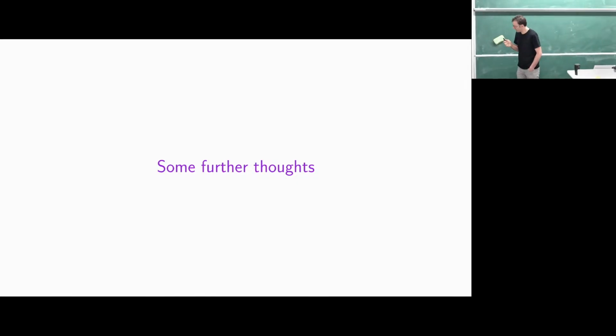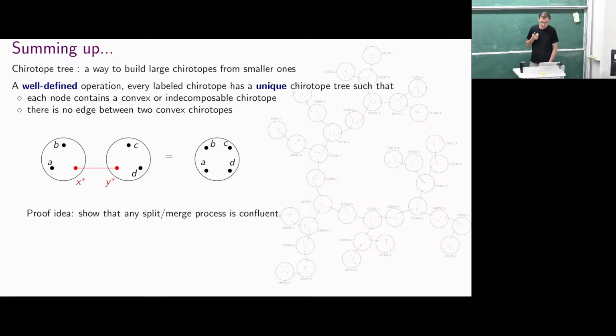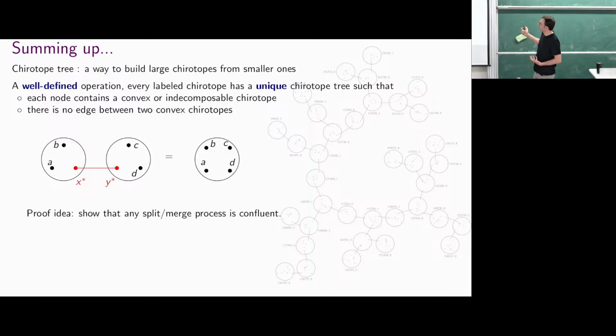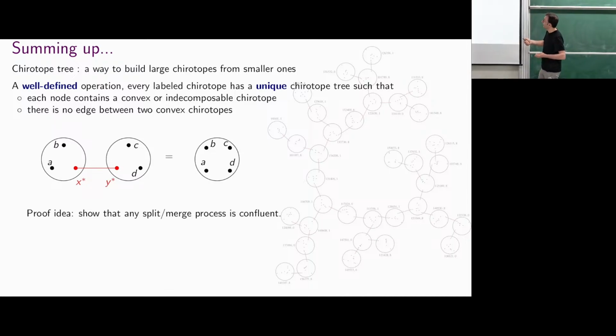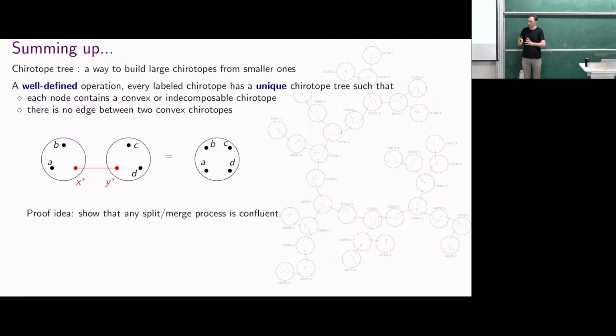Okay, so let me pre-wrap up. What we have is these chirotope trees, they're a way to build large chirotopes from small ones. What I mentioned quickly, but didn't dwell on, is we can prove that it's well defined in the sense that not only is it associative, so that you don't need to record the order in which you make the operations, but if you apply the operations, whenever you have a node that's decomposable and non-convex, you split it, and whenever you have two nodes that are convex and neighbors, you merge them.